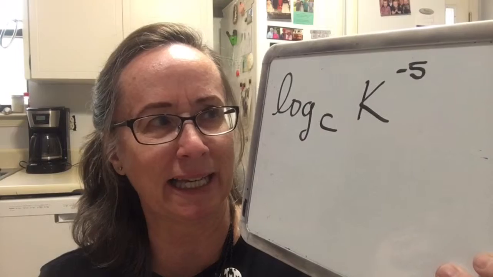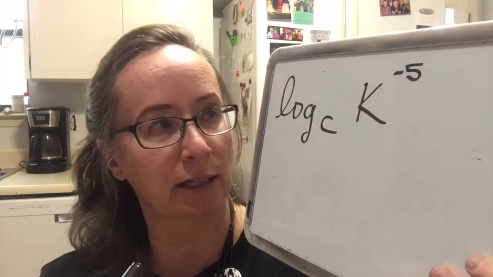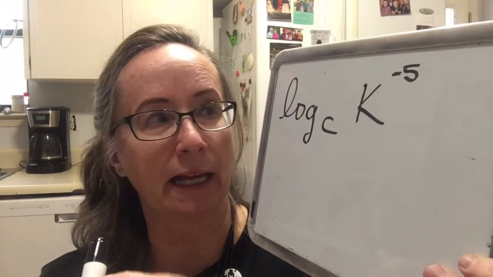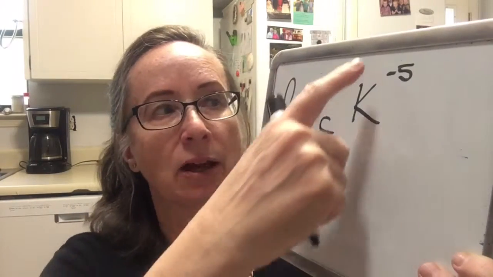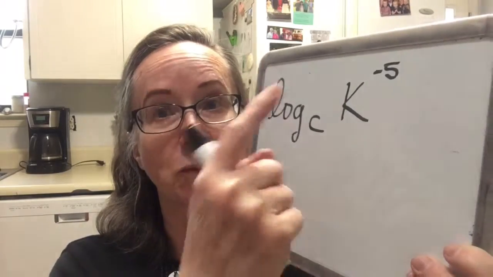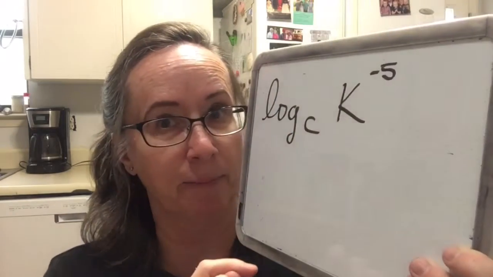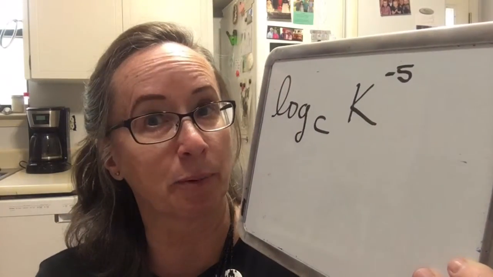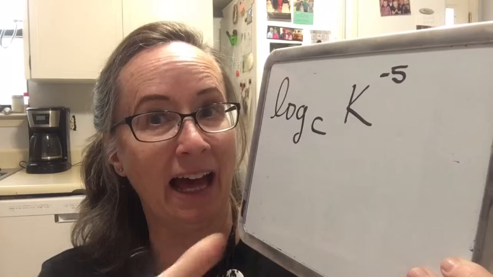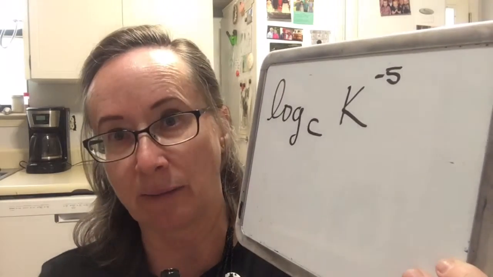And this is really an extension of the product rule, because basically I could write this as 1 over k to the 5th, which would be the same thing as 1 over k times 1 over k times 1 over k times 1 over k times 1 over k. And then I could treat it as a product, which means I could add the logs together, which would end up being the 5 times the log.